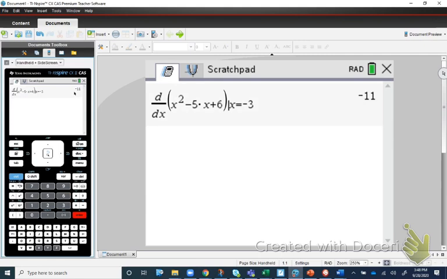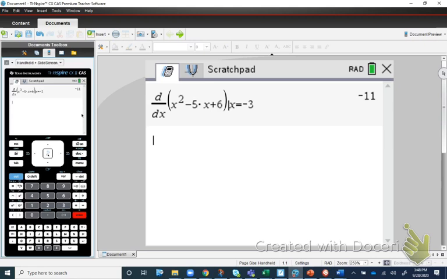So this -11 is the value of the slope of the derivative of this function when x is equal to -3. Here we would have a quadratic that would be graphed, and at -3, the line tangent to the parabola at that point would have a slope of -11.